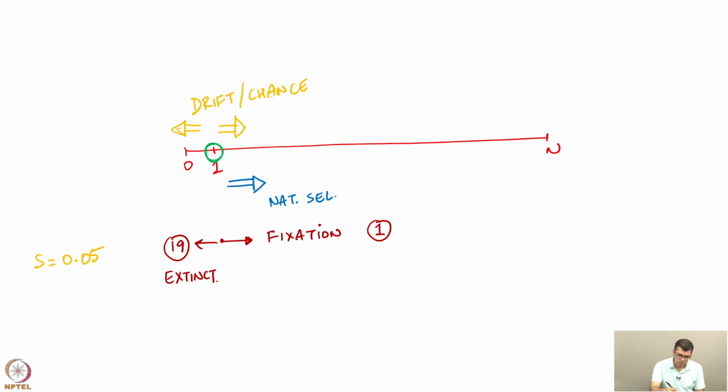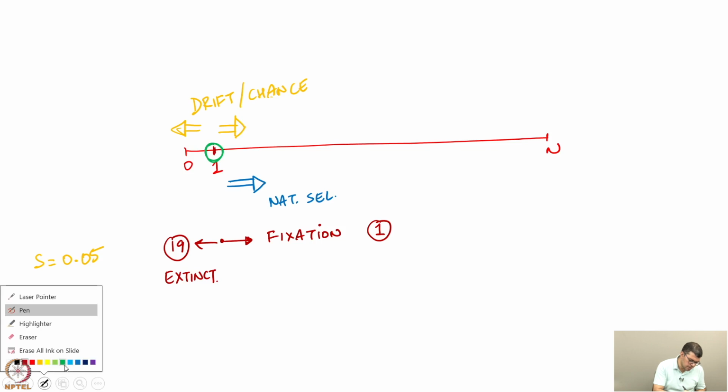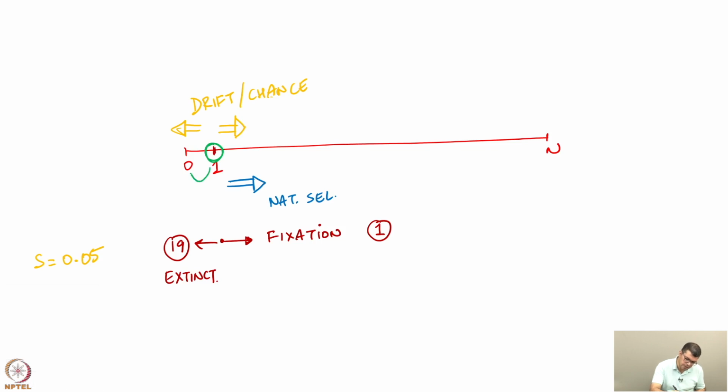And you might wonder why that is happening despite natural selection acting in one particular direction and drift not caring which direction it acts on. That is because of the location of this point. Starting from this point, even if 50% of the times drift takes a step in this direction, as soon as you reach this particular point, the game is over, because the one individual carrying that beneficial mutation is gone. So, even if it was a 50-50 chance, the 50% that took a step in this direction are immediately removed from the population.